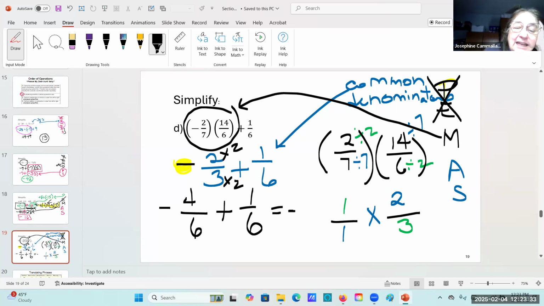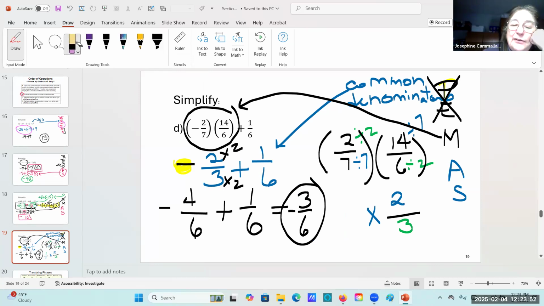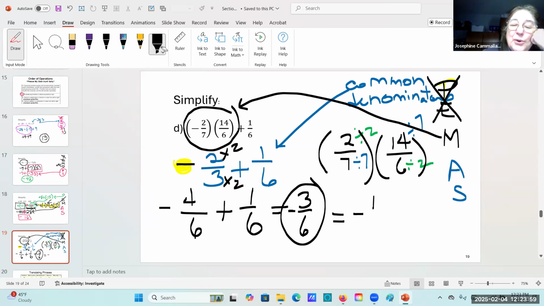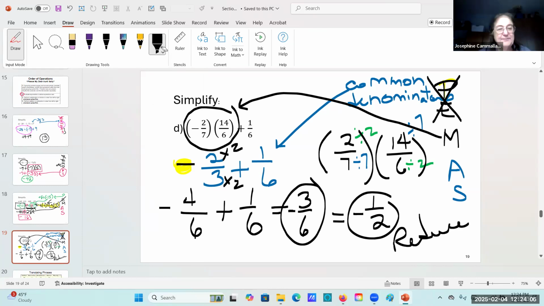This will give me a negative. Now I'm getting 3 sixes. But don't forget, I gotta reduce. That's a negative. So my answer, and I'm going to erase this to give me a better place. This will give me a negative 1/2. Reduce.